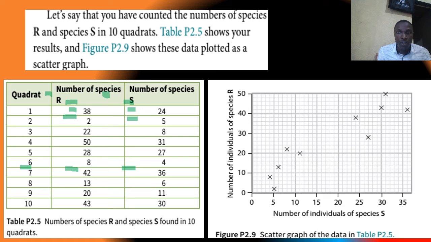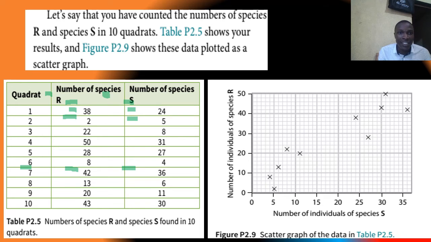We all know a quadrat has four sides, can be measuring 1 meter by 1 meter, that is 1 meter squared. So if he throws the quadrat in the garden randomly and counts the number of species of R, for example, in the first throw he found 38 of R and 24 of S.